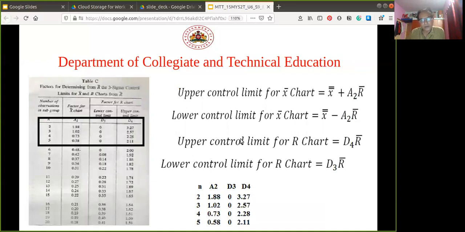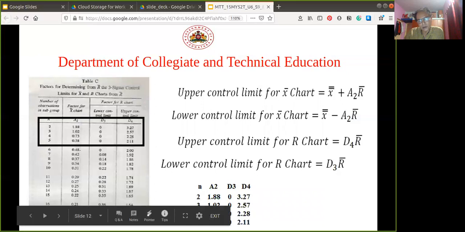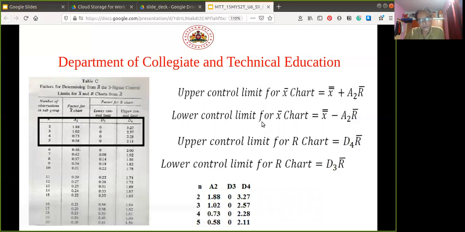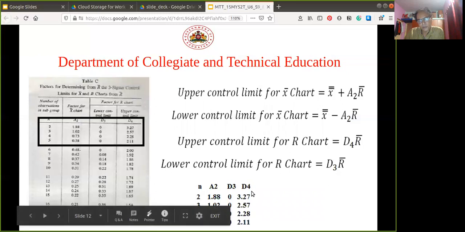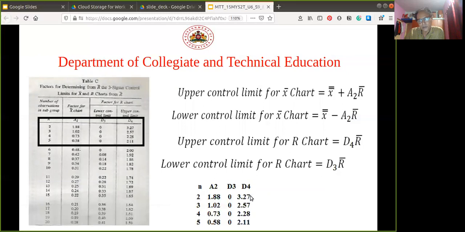The A2 values for these are 1.88, 1.02, 0.73, and 0.58. All the D3 values are 0. And D4 is 3.27, 2.57, 2.28, 2.11. So these are the values.